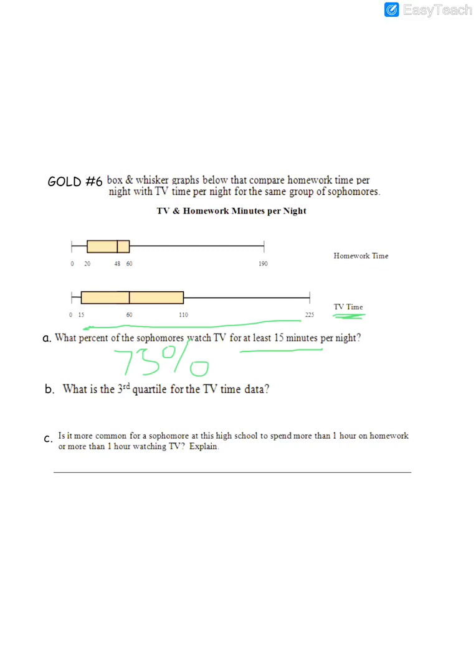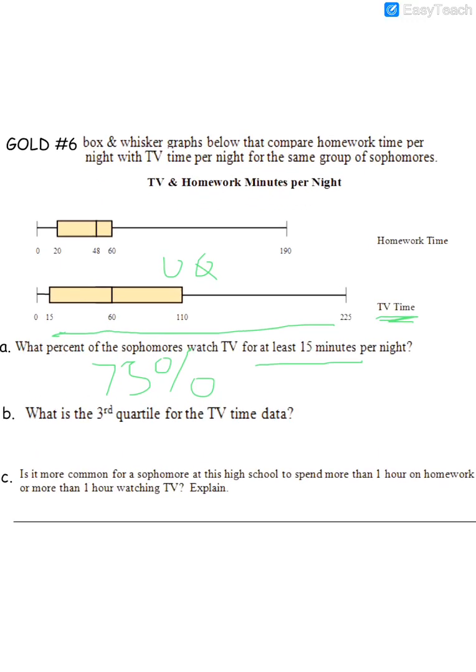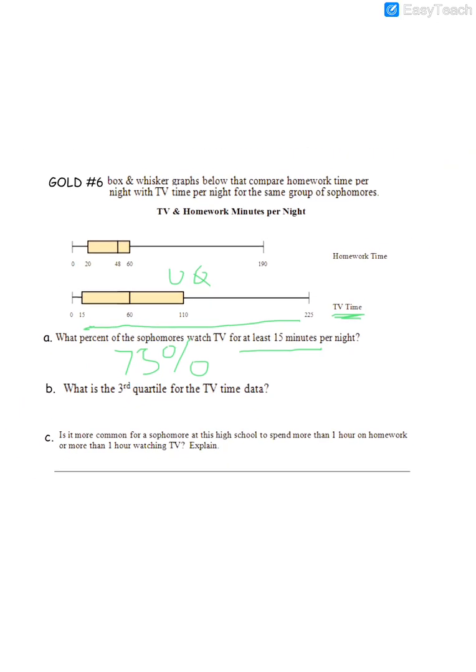What is the third quartile for the TV time data? The third quartile is my upper quartile, which is here, which is, I believe, does that say 110? 110 minutes.